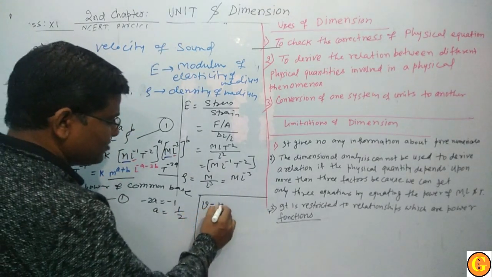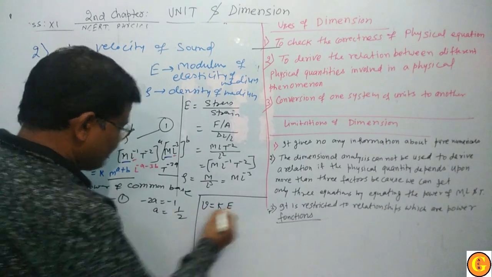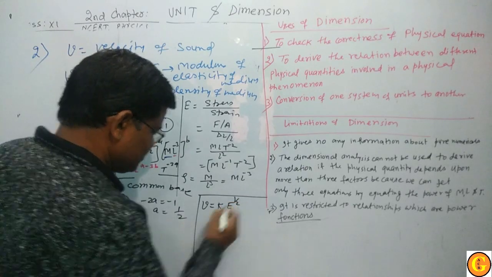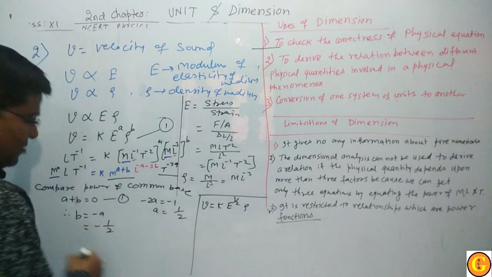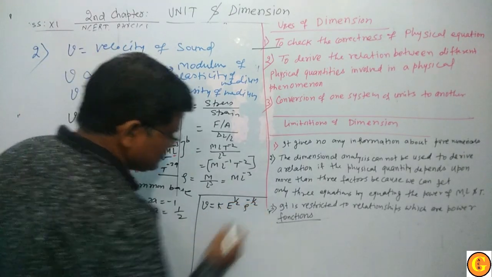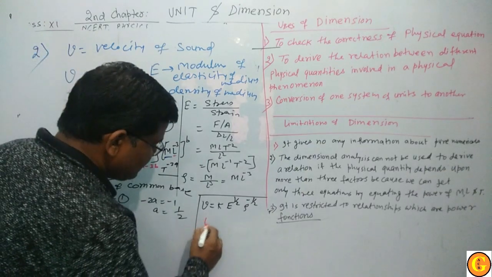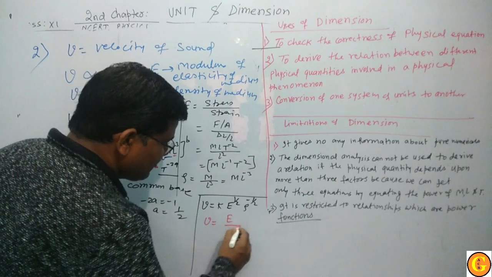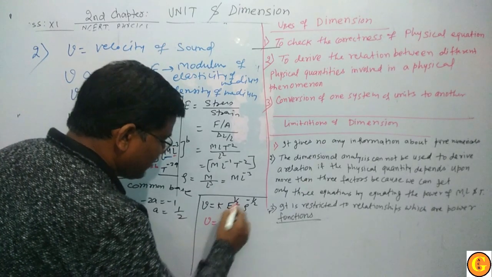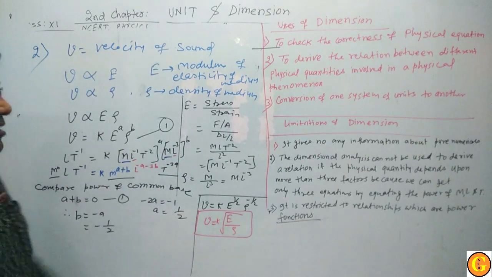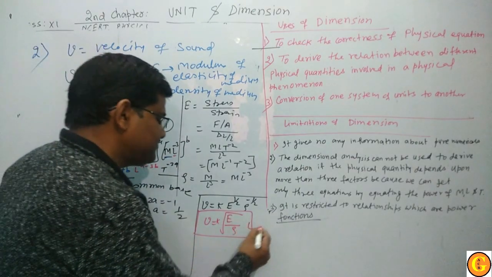V is equal to K, E to the power 1 by 2, and rho to the power minus 1 by 2. Then the formula of V becomes V equals K times the square root of E by rho. This is the formula of velocity of sound.